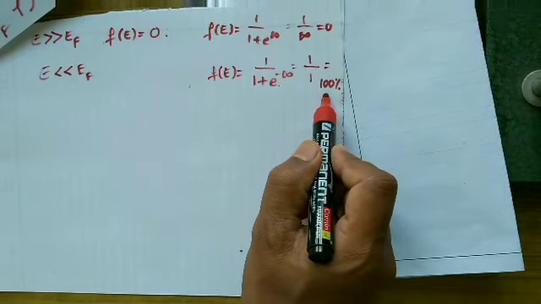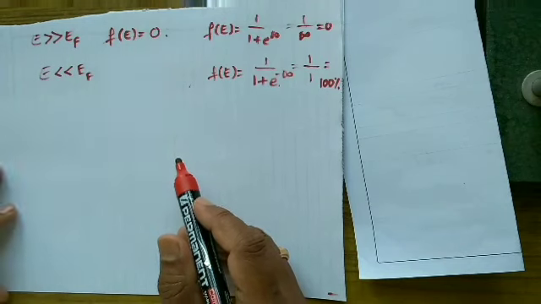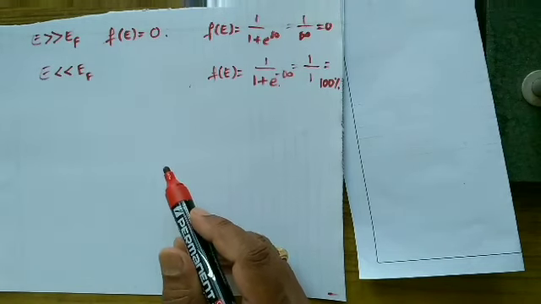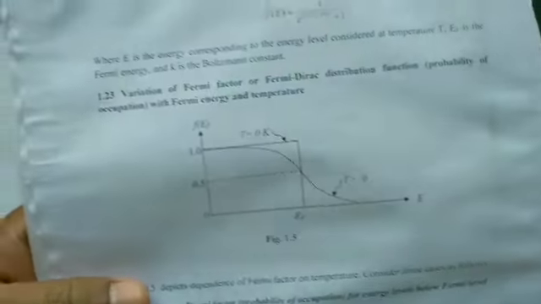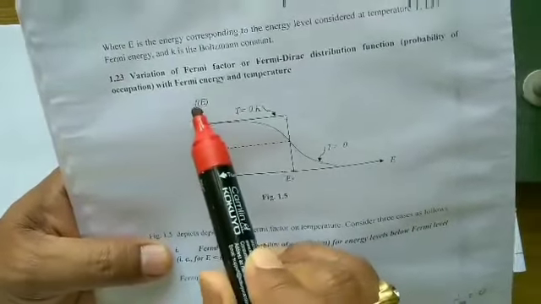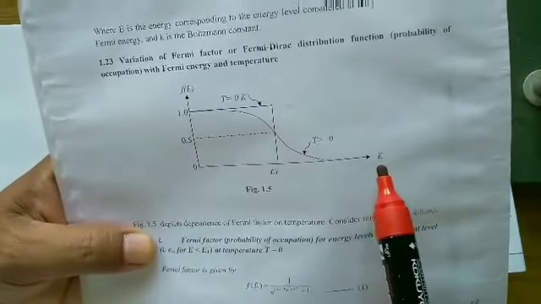Based on these values, it is possible to draw a graphical diagram to show the variation of probability of occupation. It can be shown in this diagram. One can observe that in this graph we have taken the Fermi factor along the y-axis and energy along the x-axis.